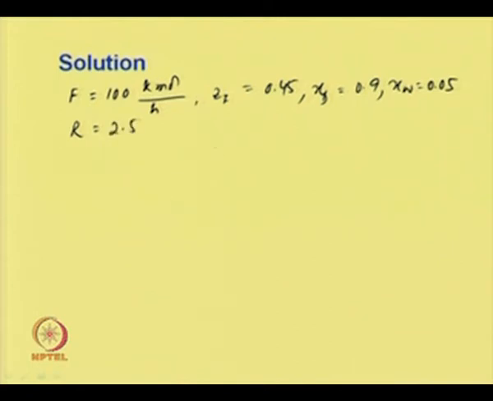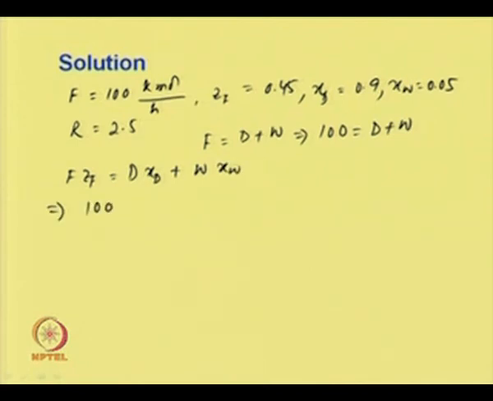So, we can calculate from the total material balance F is equal to D plus W. So, from this we can write 100 is equal to D plus W. Now, if we do the material balance F ZF is equal to D xD plus W xW, it will be 100 into 0.45 is equal to D into 0.9 plus W into 0.05.